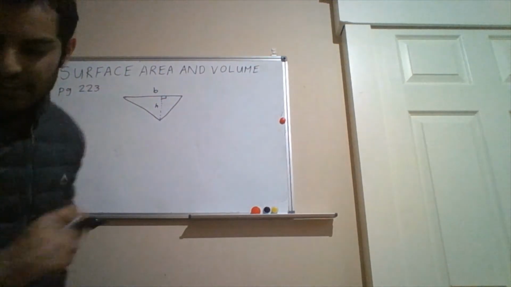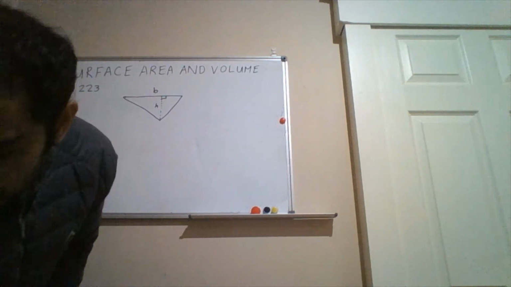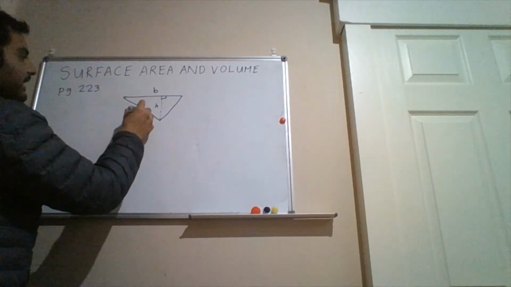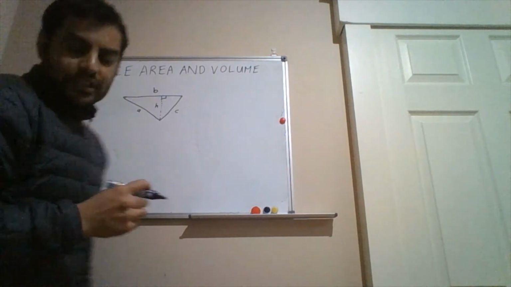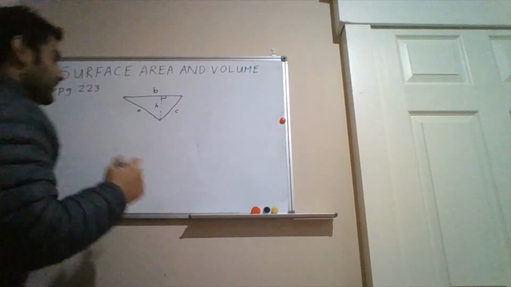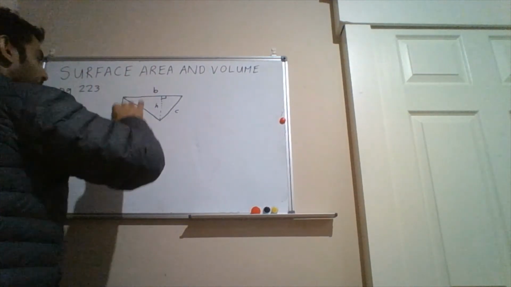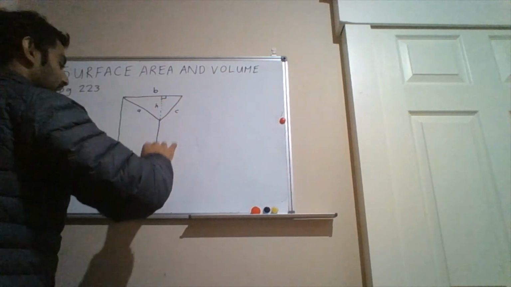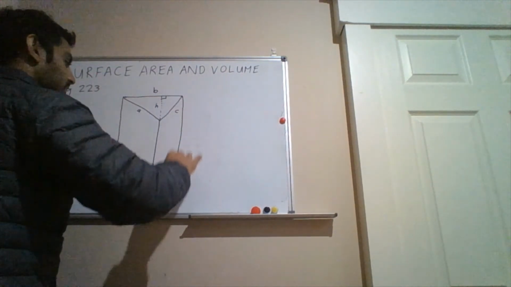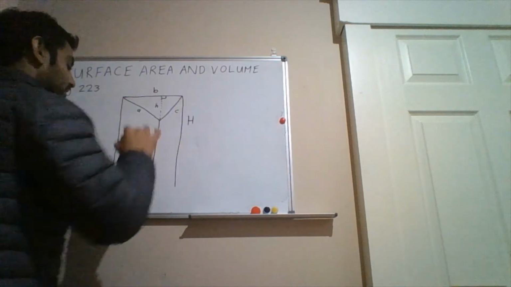The other 2 sides are A and C. So we have all the specifications for the triangle. Our height is given by capital H.